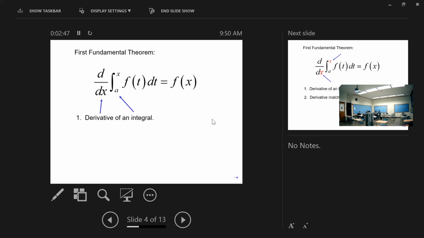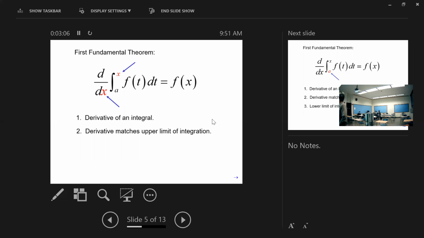You have to look for this. Well, this is pretty straightforward. You have the derivative, the differential in front of the integral. Oh, you have to look for this. This is just like implicit differentiation. We have to see that the variables match.